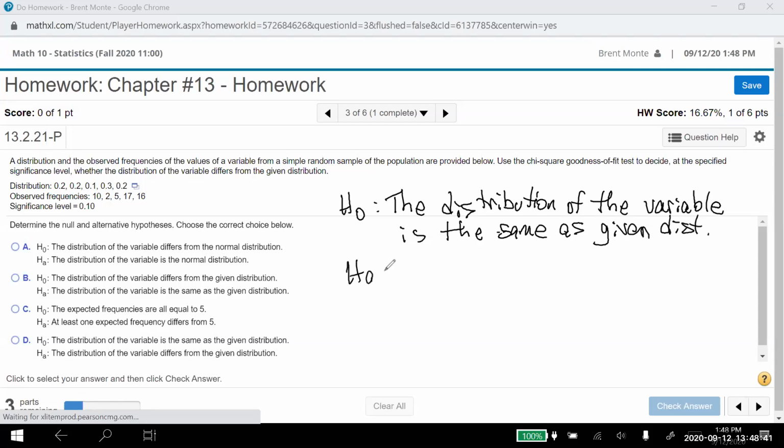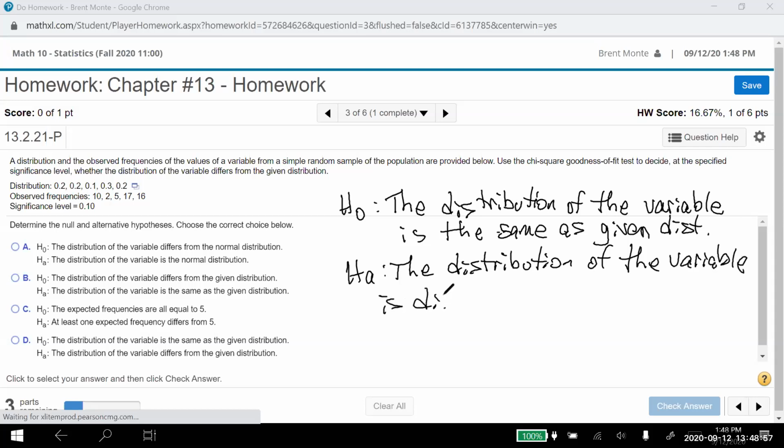The alternative is that there's a difference. So the distribution of the variable is different than the given distribution. Okay, so as always, we assume that things haven't changed, and then we look to see if they have changed.